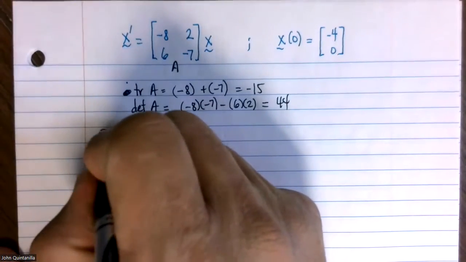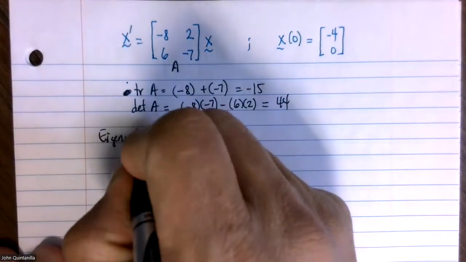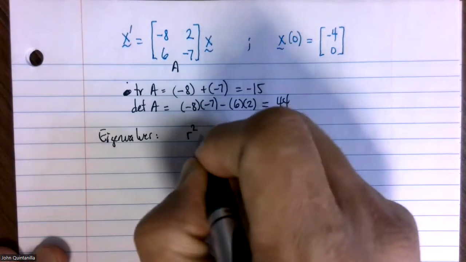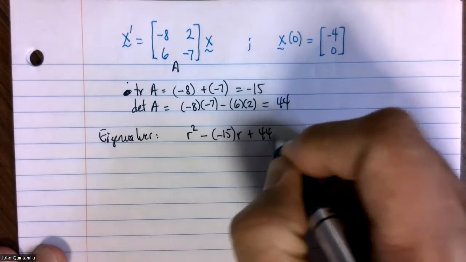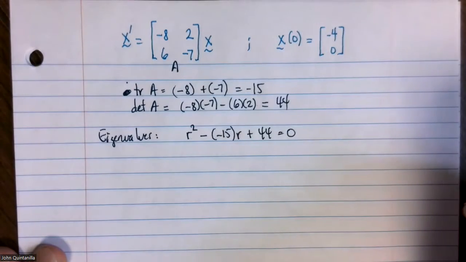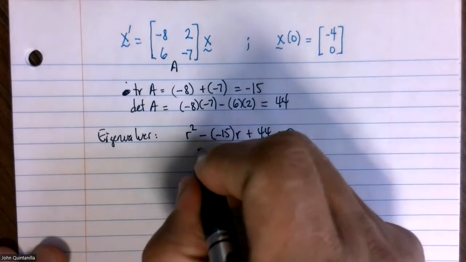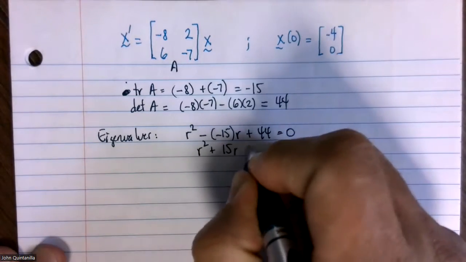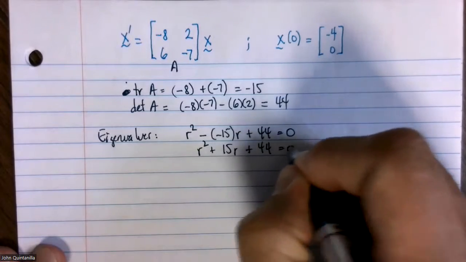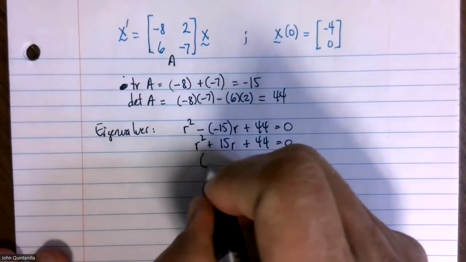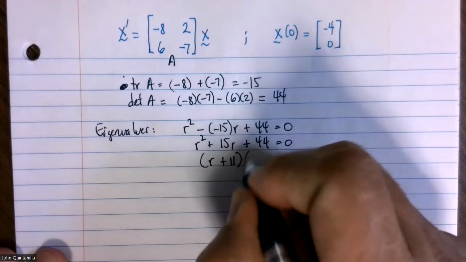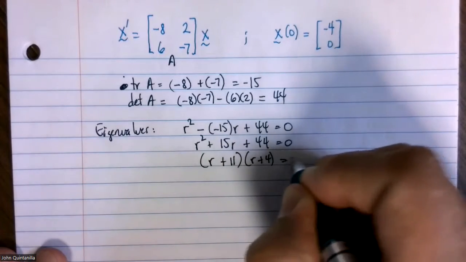And so the eigenvalues I will find by solving r squared minus -15 times r plus 44 is equal to 0. And so I get r squared plus 15r plus 44 equals 0. If necessary, I use the quadratic formula, but this one actually factors: (r plus 11)(r plus 4) equals 0.